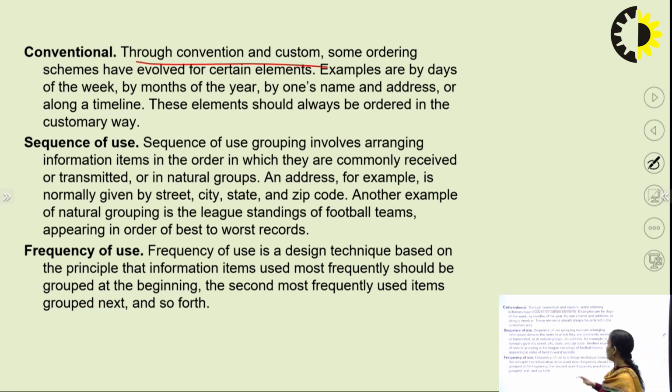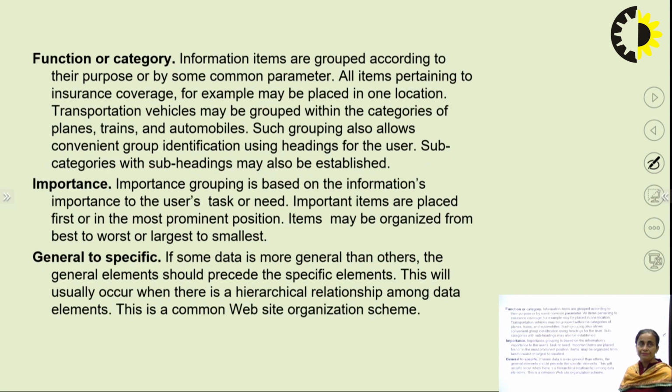Sequence of use means arranging the information items in the order in which they are commonly received or transmitted. Then frequency of use is a design technique based on the principle that information items used most frequently should be grouped at the beginning. Then function or category: the information items are grouped according to their purpose or by some common parameters.